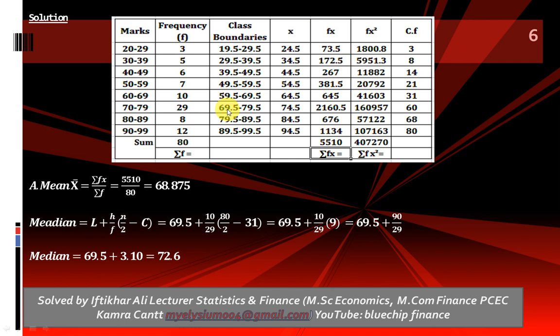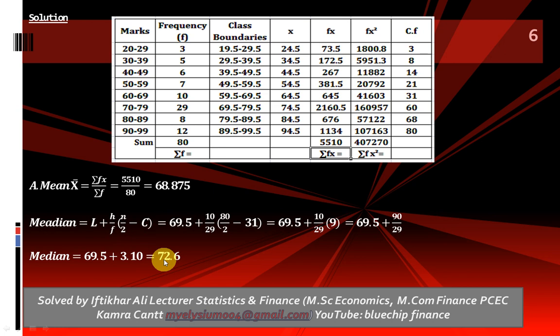L will be 69.5, h is 10, the difference of x values is called h, f is 29, n by 2 is 40, and c will be equal to 31, the cumulative frequency before the cumulative frequency of the selected median class. So after putting the values into the formula, median will be 72.6.